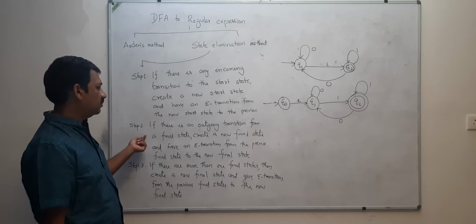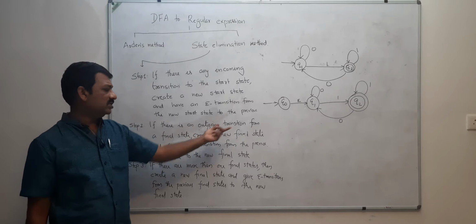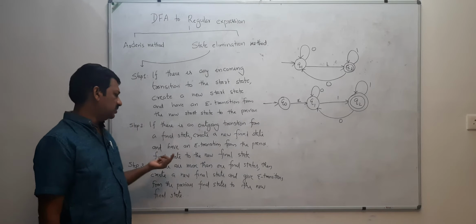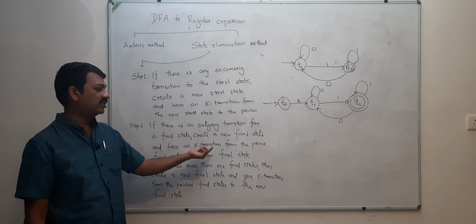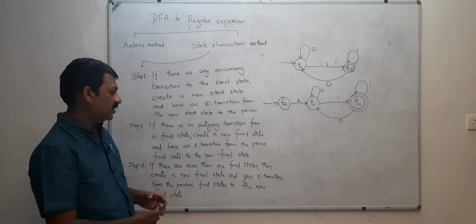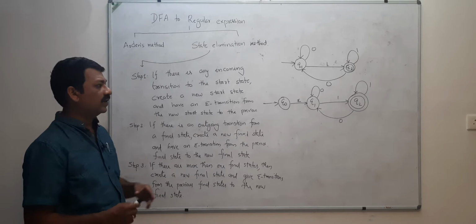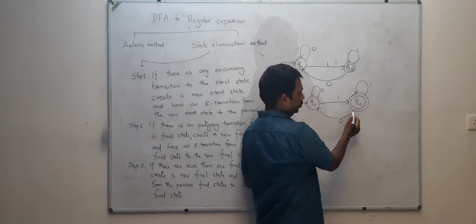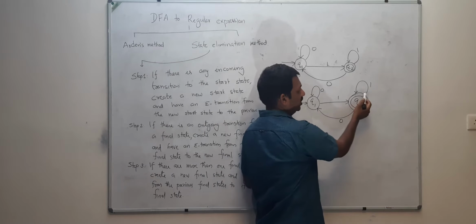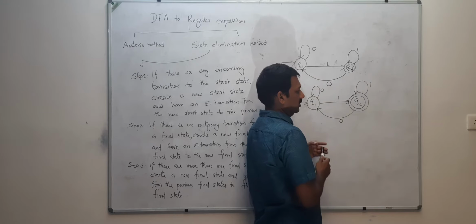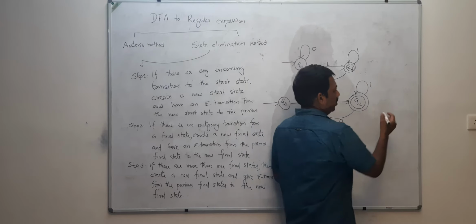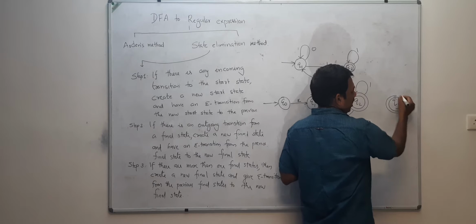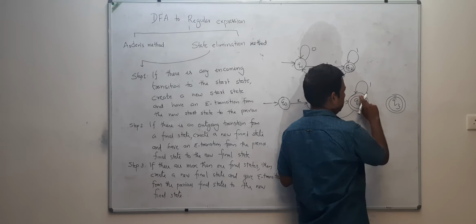Now the second step is, if there is an outgoing transition from a final state, create a new final state and have an epsilon transition from the previous final state to the new final state. Here, from state Q2 you have outgoing transitions, so you are going to create a new final state Q3 and make it the final state.